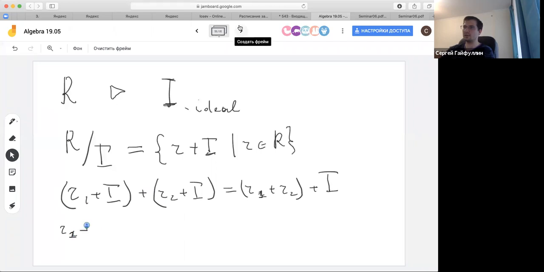If we have two classes, then we multiply one class by another class, and we obtain the class of the product. This is very similar to a factor group and a normal subgroup, but for rings.